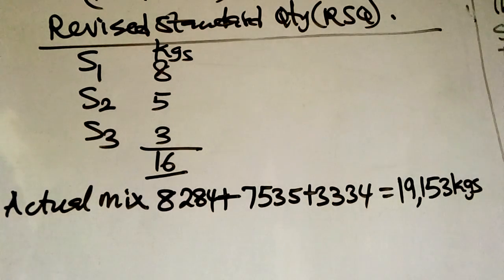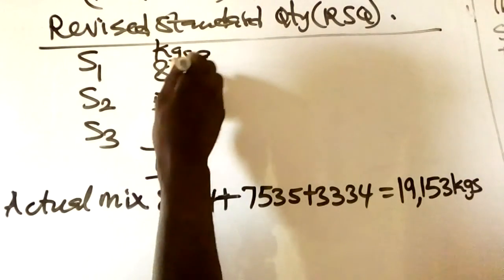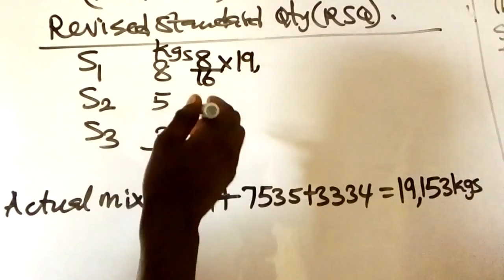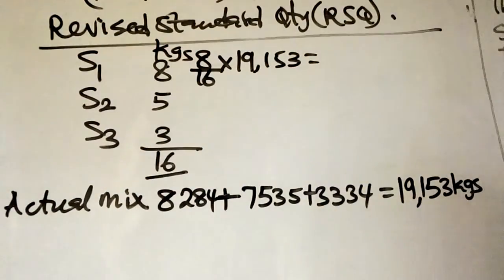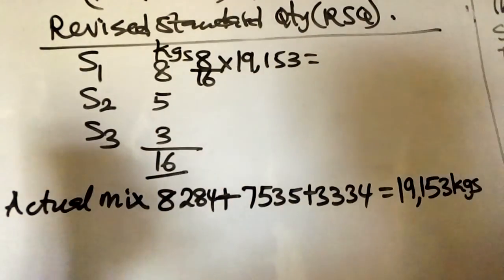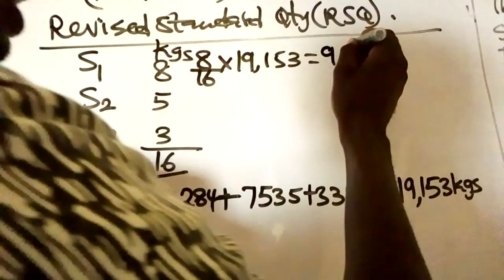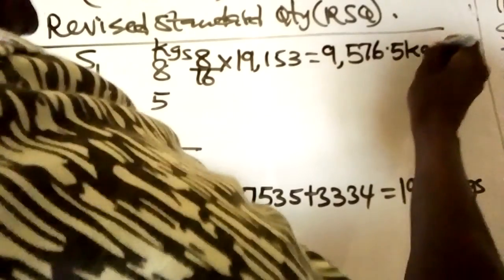So we have for S1, 8 out of 16 times 19,153. That will give us 9,576.5 kilograms.